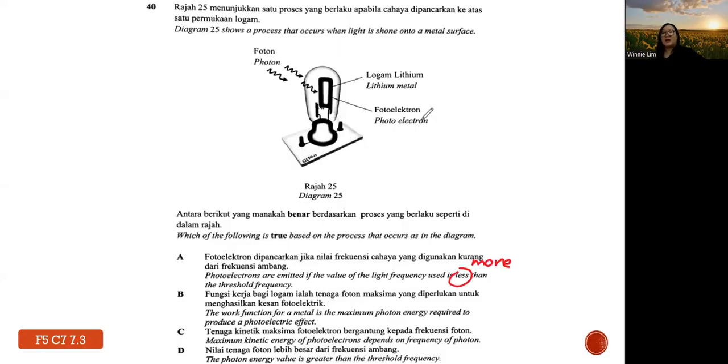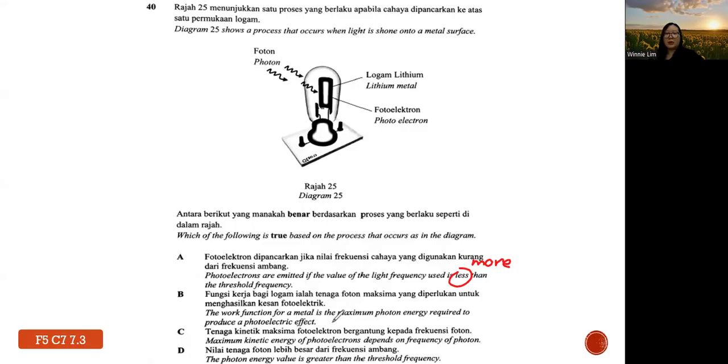Okay. So if the threshold frequency is, for example, 10 hertz, then your photon, the light frequency, must be more than 10. Then only the photoelectric effect occurs. If it is less than 10, for example 8, then there will be no photoelectric effect. B, the work function of the metal is the maximum photon energy required to produce the photoelectric effect.